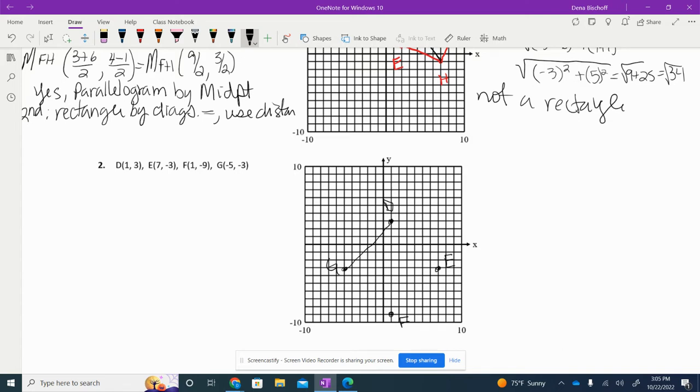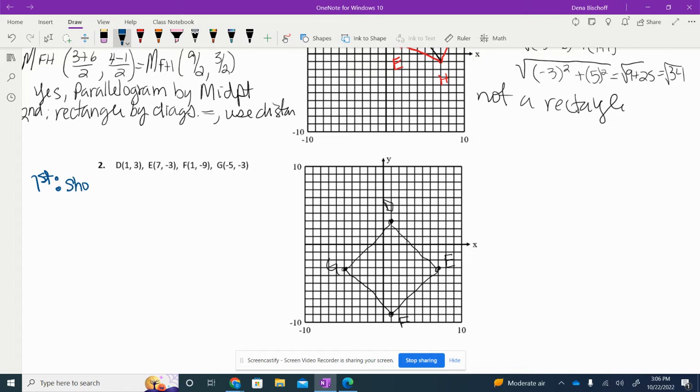All right, so I'm going to connect my points, and this shape looks like a square. There are 3 things that I need to prove. First, I need to prove that I have a parallelogram.